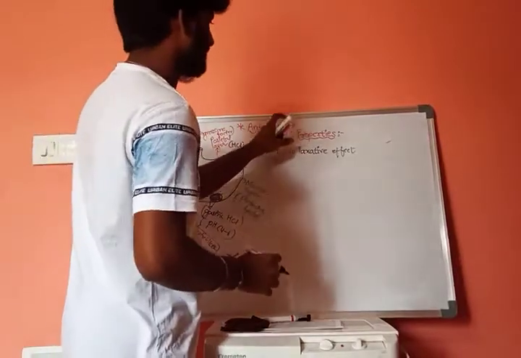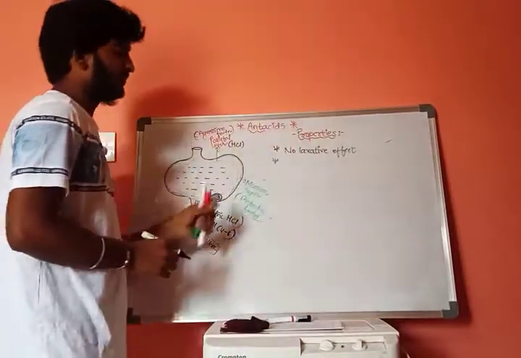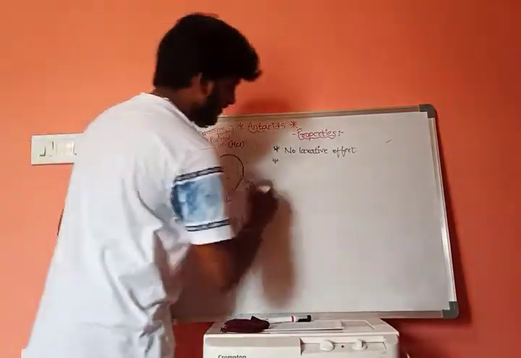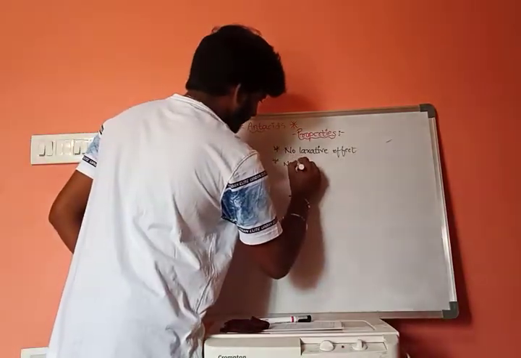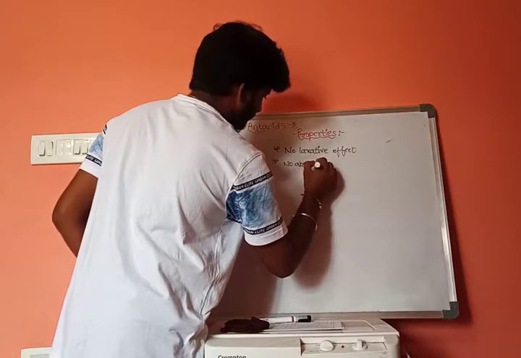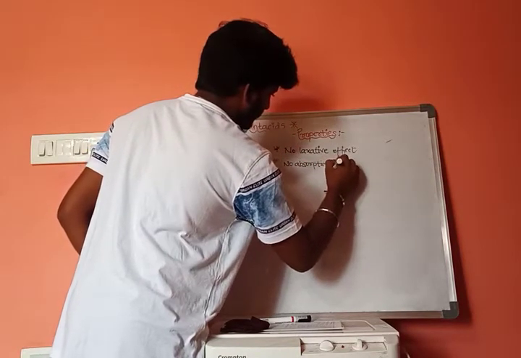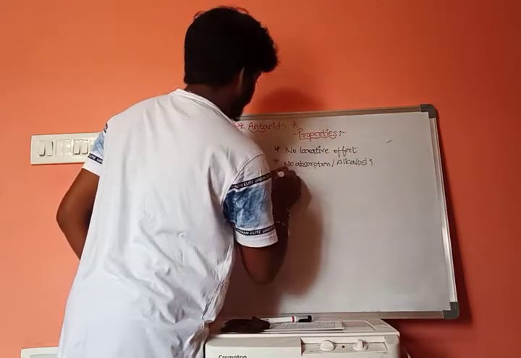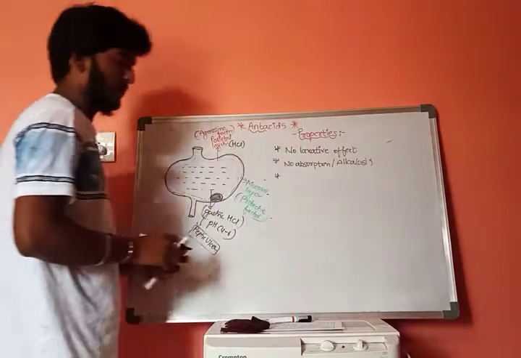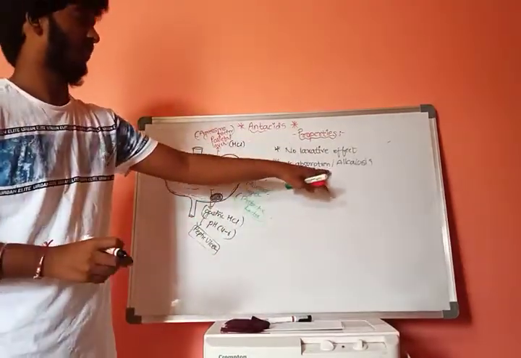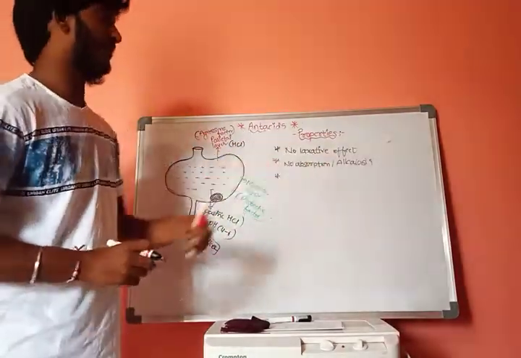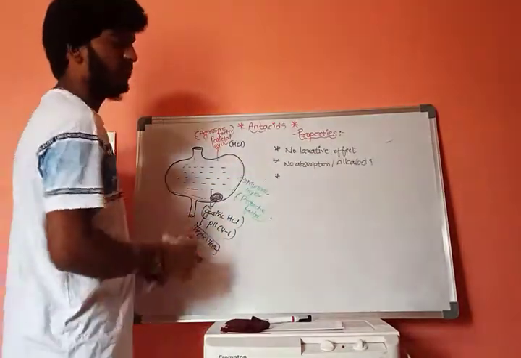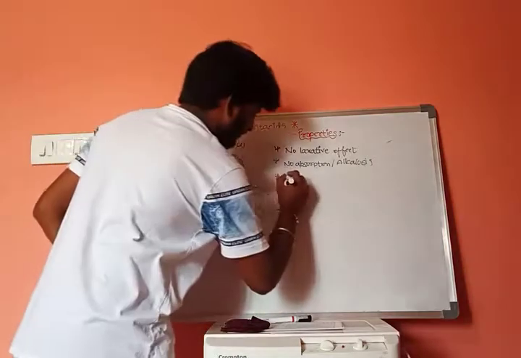This is the first property, and the second property is it should not get absorbed and it should not produce alkalosis. Now this is the second property, and the next property is it should not result in constipation.